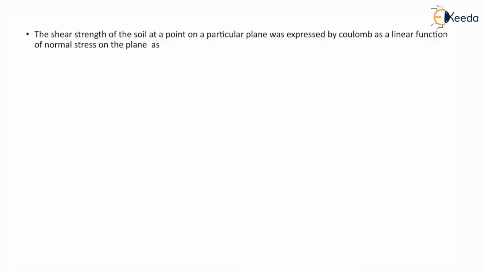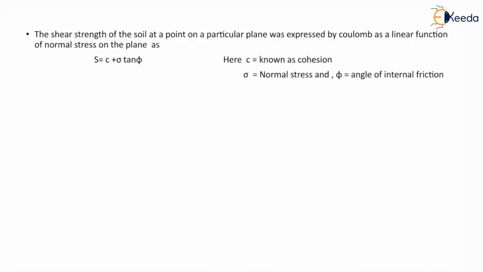The shear strength of the soil at a point on a particular plane was expressed by Coulomb as a linear function of normal stress on the plane as S is equal to C plus sigma tan phi. Here C is known as cohesion, sigma is known as normal stress, and phi is the angle of internal friction.